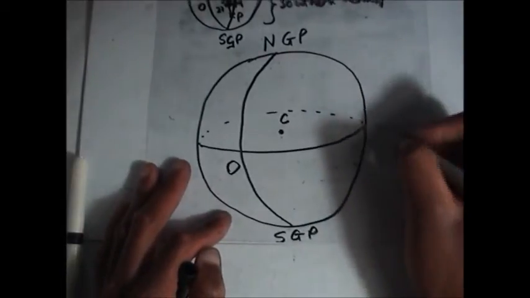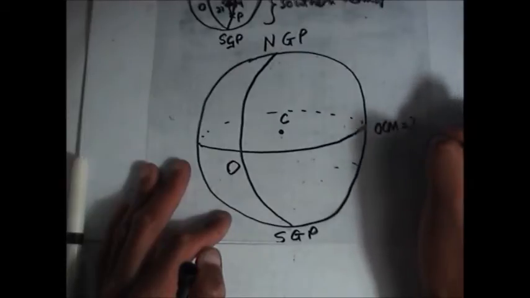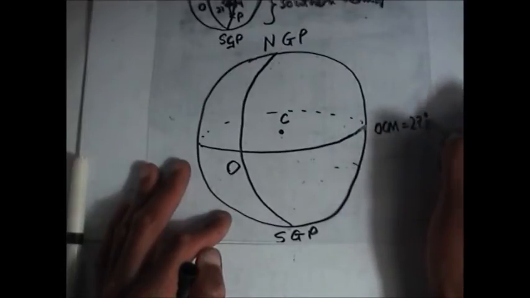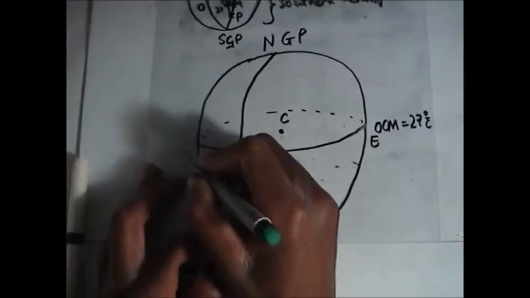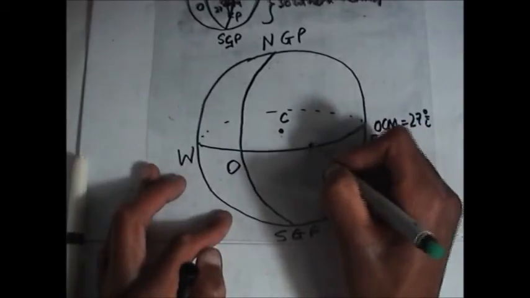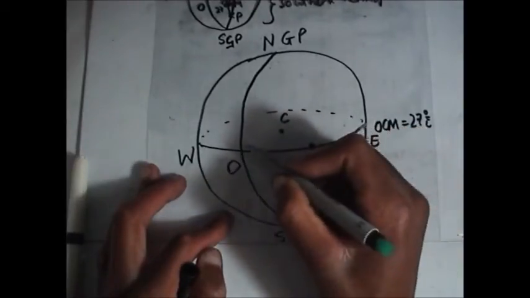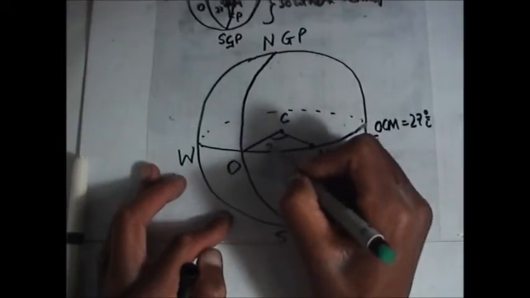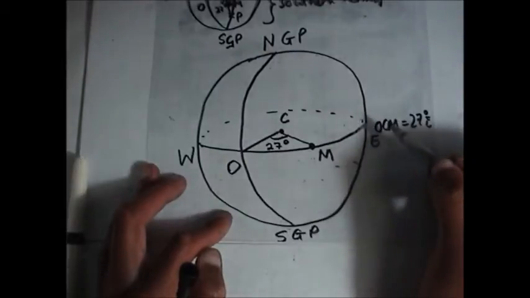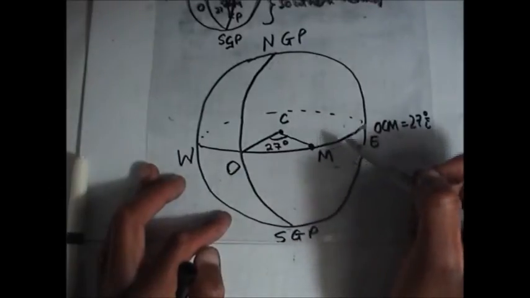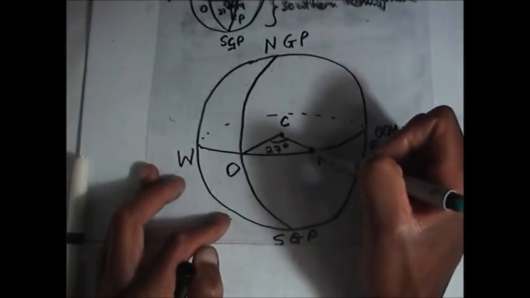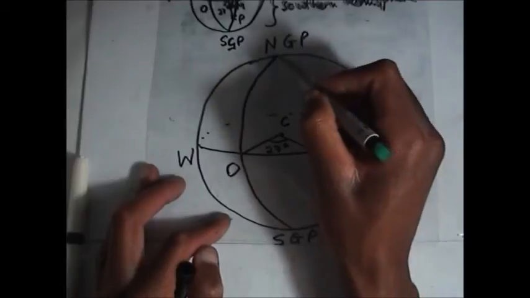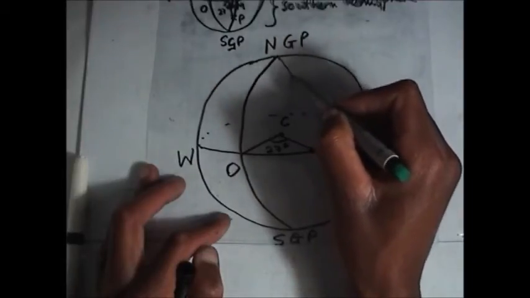So for the longitude, OCM is supposed to be 27 degrees east, towards the easterly direction. So I said our M can be put there to make sure that our OCM makes an angle of 27 degrees flat on the equator. And now that we know where our meridian cuts for Wits, this is going to be the meridian for Wits.